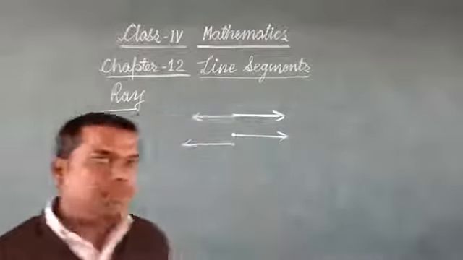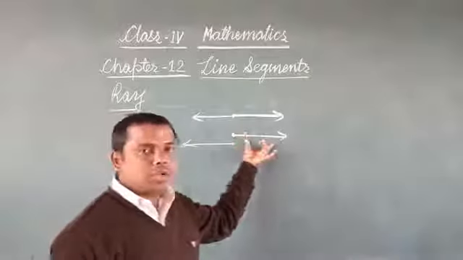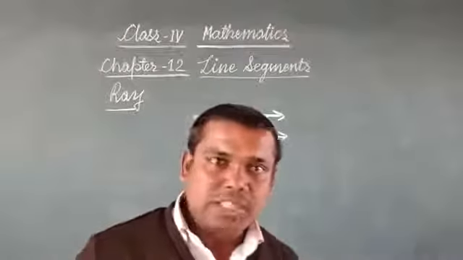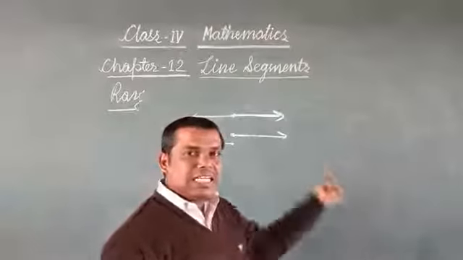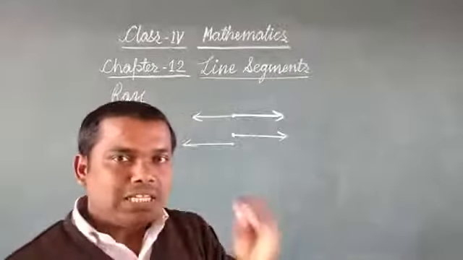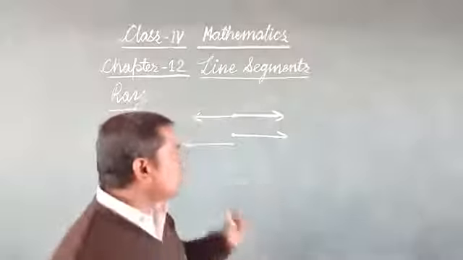Now more points about it. You can easily say it does not have a fixed length. It has length but not fixed, because it can be extended in one direction endlessly. How to represent it?